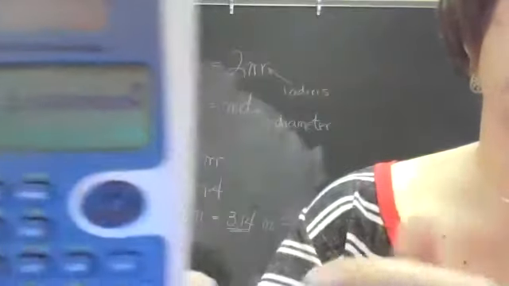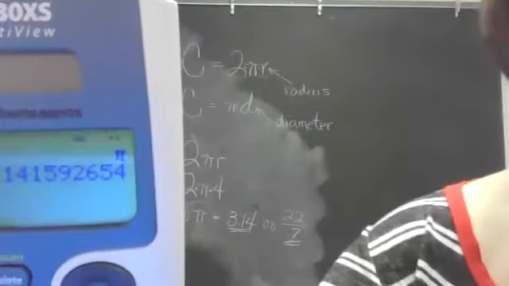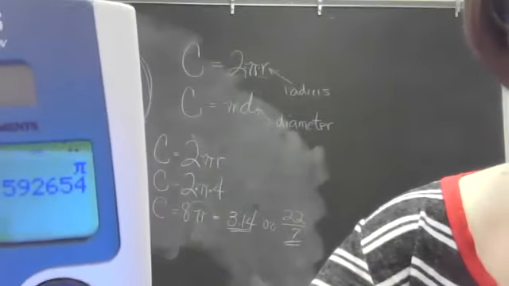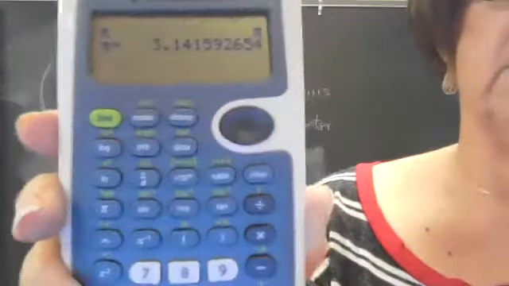And I also told you that pi was equal to 22 over 7. Let me get out of the way. Pi was also equal to 22 over 7. So let's see what happens there.